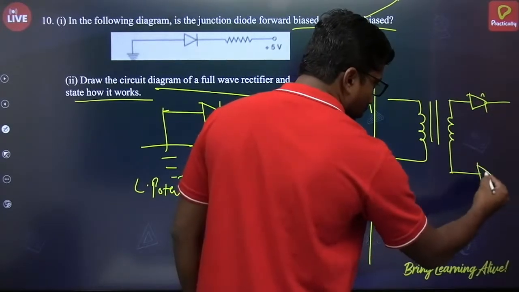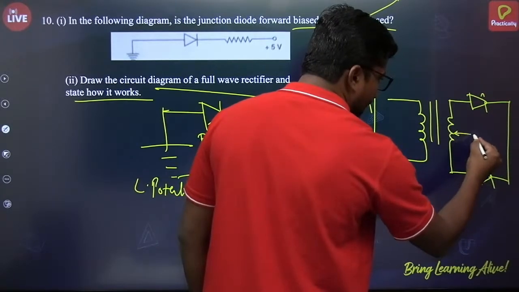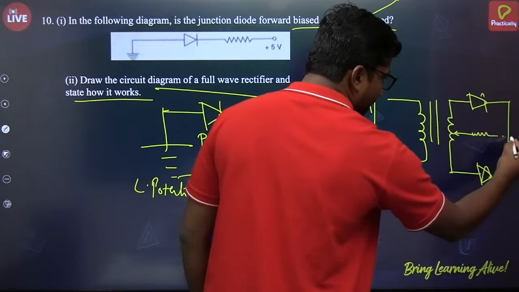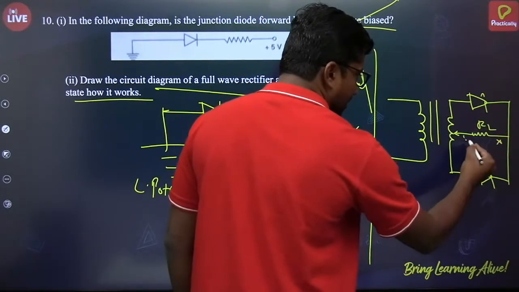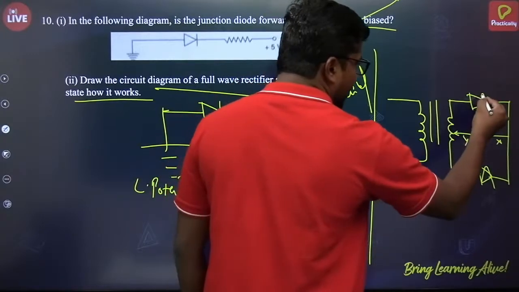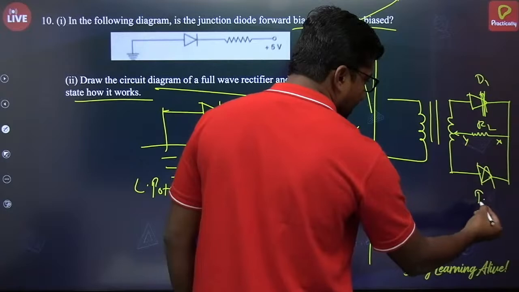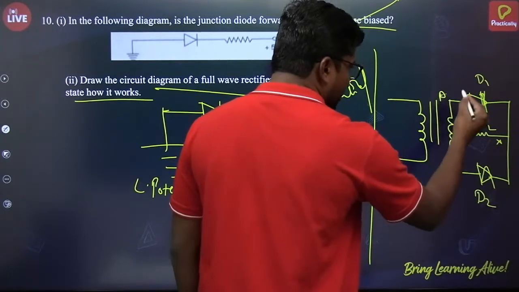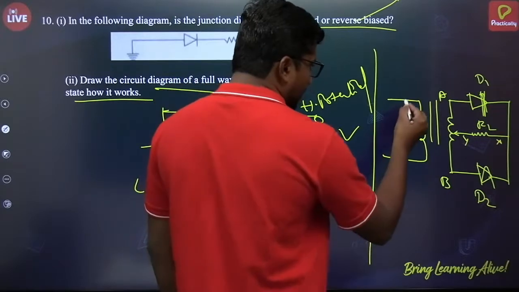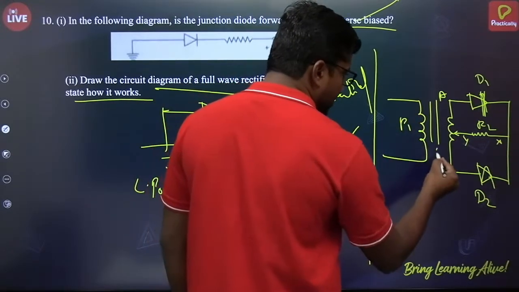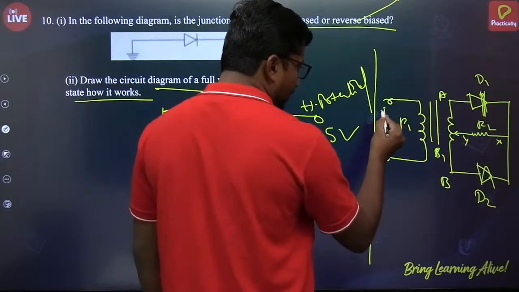Two diodes you can draw like this, and there is a center tap where the load is connected across. Let these points be X, Y, this is the diode D1 and this is diode D2. Let the points be A, B. This is P1 and this is S1. On the input side, this is V in.